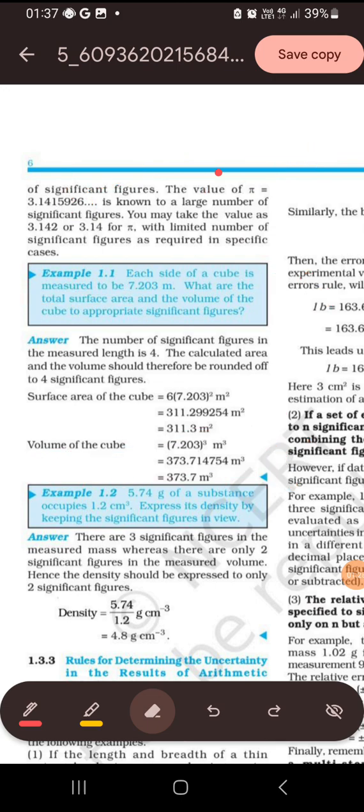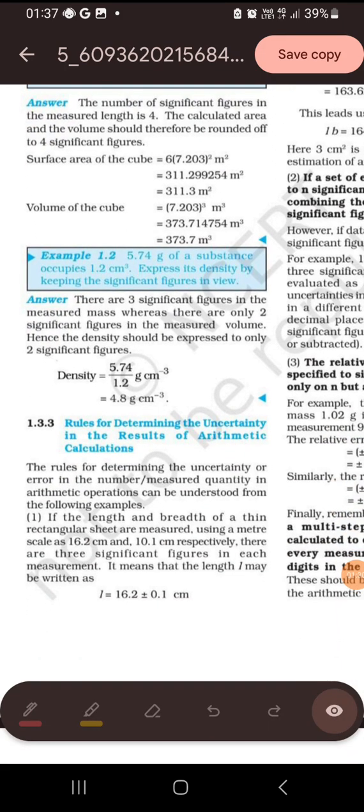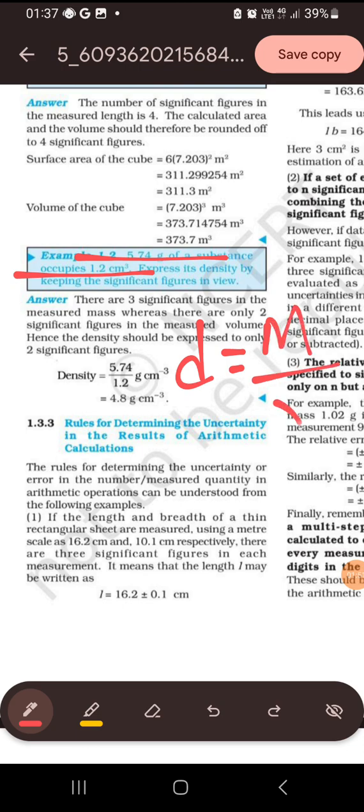Our second example: 5.74 gram of a substance, this is the mass, occupies 1.2 centimeter cube, this is the volume. Find the density. We know the formula of density is equal to mass by volume.